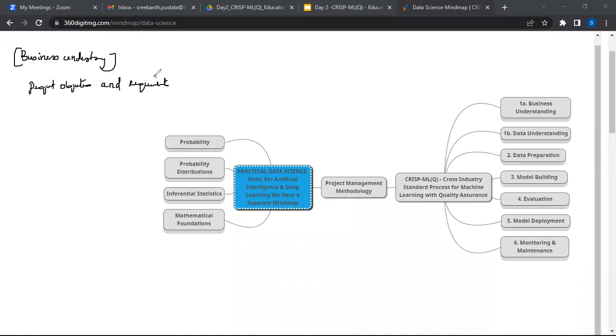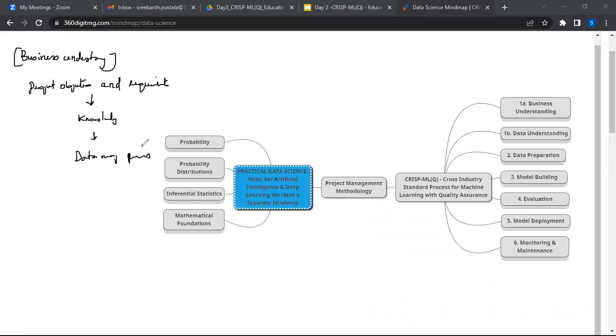And we have to get these objectives and requirements from the business perspective. Here we are looking into education data, so we will be looking into objectives and requirements from the education data perspective. And then we have to convert this knowledge into a data mining problem.